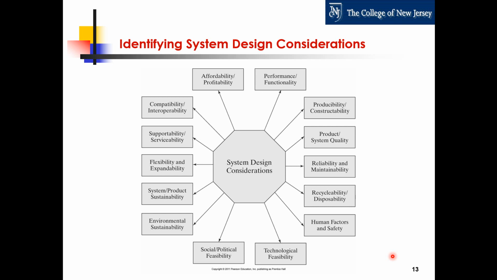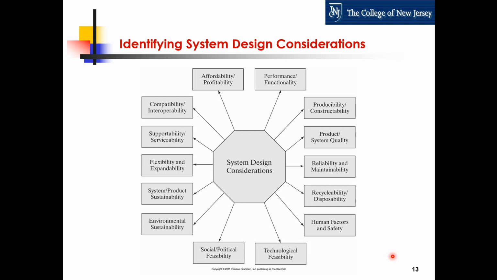You may have to worry about social and political feasibility. Just because something is feasible technically doesn't mean that it is feasible from a social or political perspective. You may have to consider that because these are things that go into society.